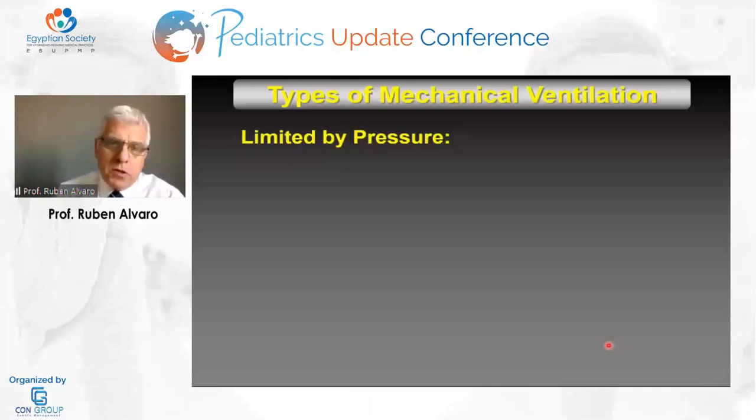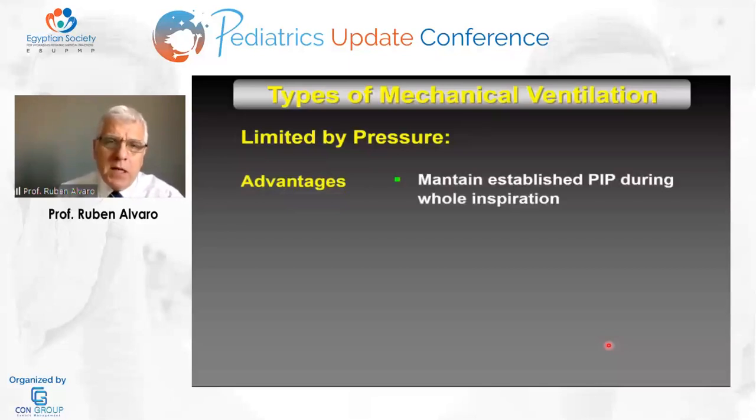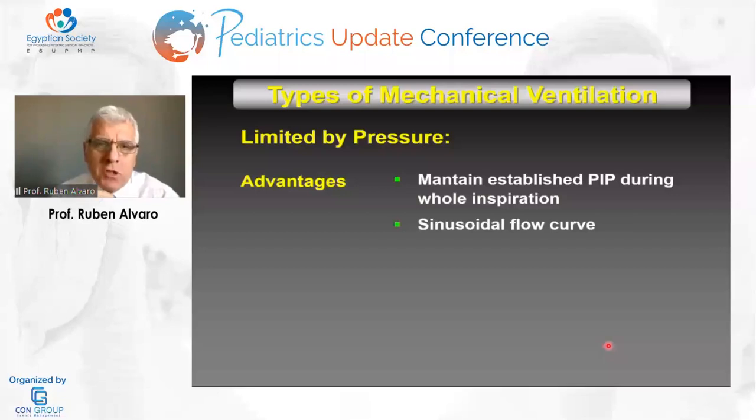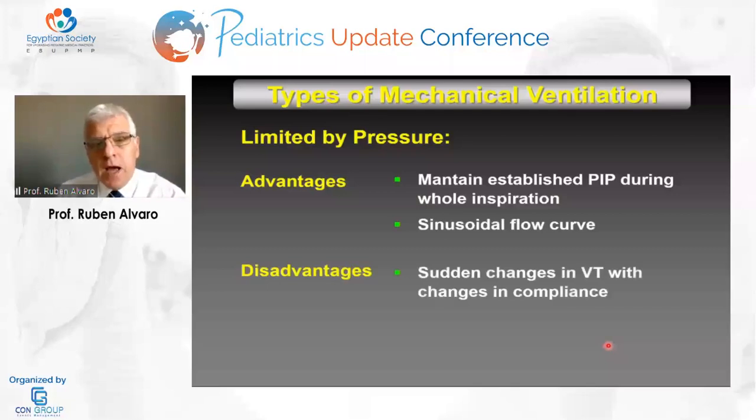When you use a pressure ventilator, the advantages are that it maintains a stable peak inspiratory pressure throughout the inspiration. Second, you have a more physiologic flow curve or sinusoidal flow curve. The disadvantage of the pressure ventilator is that if you have sudden changes in compliance, your tidal volume will change.